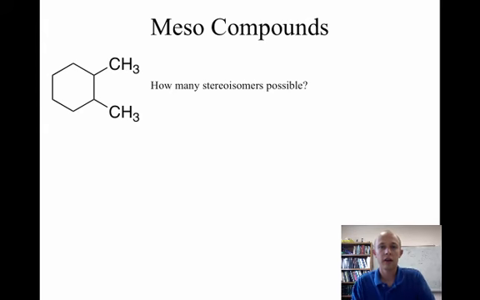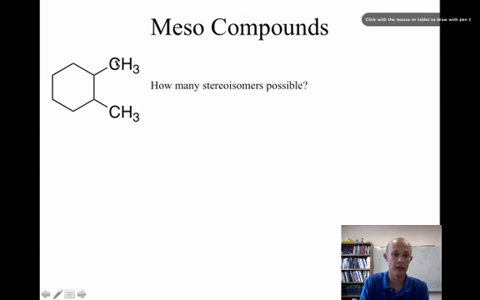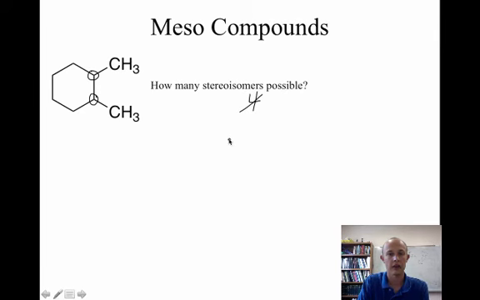Okay. The last type of compound that we're going to talk about are meso compounds. Based on the previous slide, one might think that because this compound has two stereocenters, 1, 2, that it might have 4 stereoisomers. That's not correct. If we draw out all the possibilities, what we'll see is that there's only 3.